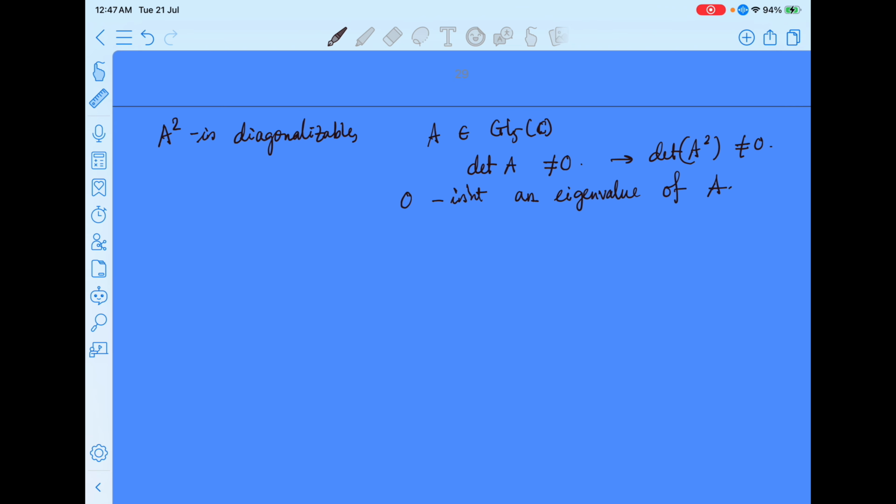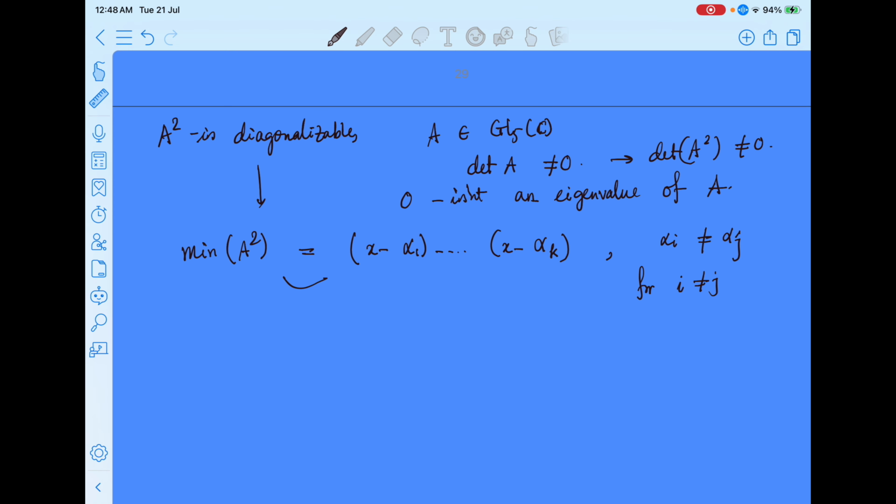Now, A squared is diagonalizable. We know a matrix is diagonalizable over a field if and only if its minimal polynomial can be written as a product of distinct linear factors, where distinct means alpha_i is not equal to alpha_j for i not equal to j.